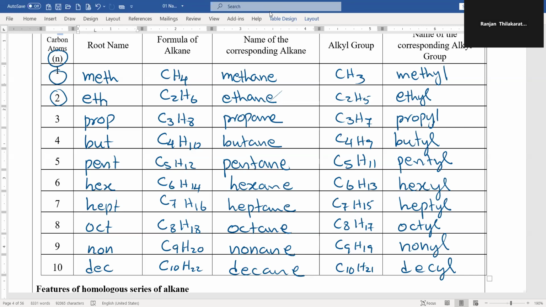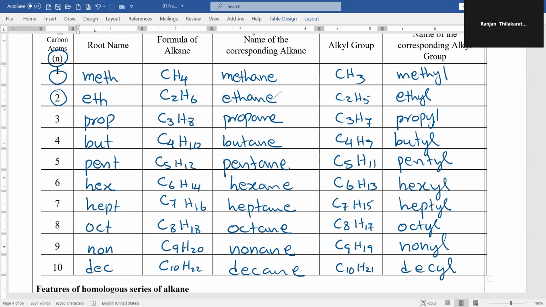Then how can you get the name of the compound? By adding the suffix to the root name, considering the alkane corresponding to the carbon atoms: methane, ethane, propane, butane, and so on.